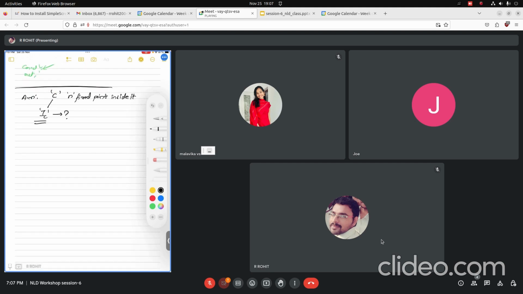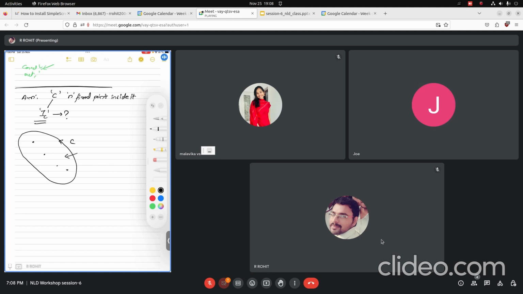So we take a curve C and consider some 4 fixed points inside this system, and we slowly shrink this curve C such that we don't cross the fixed points, because our theory says that if you cross a fixed point, there will be a discontinuity in the index values. We don't have the theory to tell how to handle the discontinuity. We have learned only how to calculate the index up to the point where you reach a fixed point.